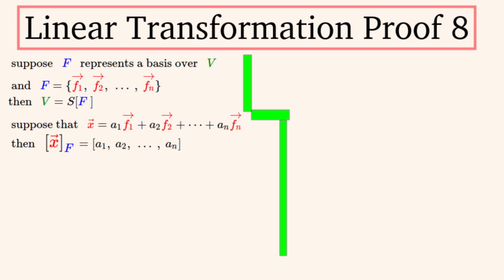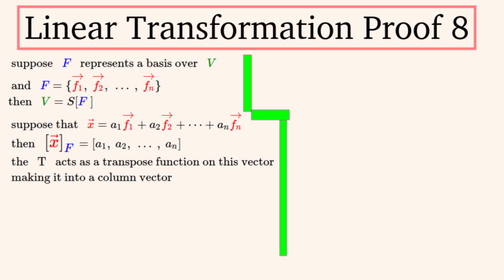Then this will give us an order with the coefficients, so that A1 will be the first coefficient and A2 will be the second, and so on. We can assign a transpose function to this row vector of coefficients, so as to change it into a column vector, so that it can be multiplied by matrices on the left. So this is what this transpose function does to this vector. It changes it from a row vector into a column vector.